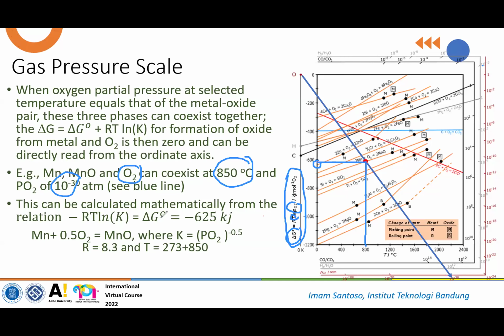This is how to calculate the oxygen pressure. At 800, you know the Gibbs energy, R is 8.3, and temperature is in Kelvin, then you automatically know the value of oxygen pressure.